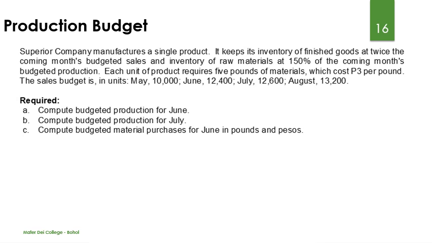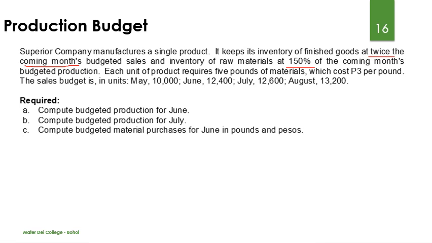So it keeps its inventory of finished goods at twice the coming month. So that means the next month, the coming month's budgeted sales. And inventory of raw materials at 150% of the coming month's budgeted production.